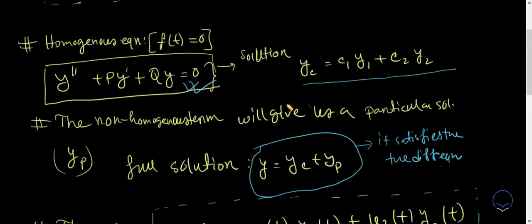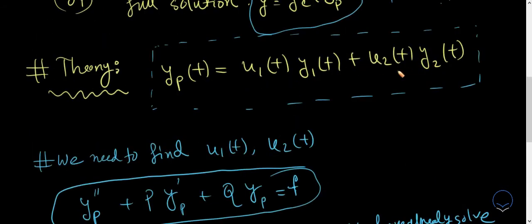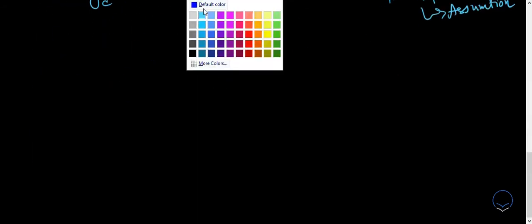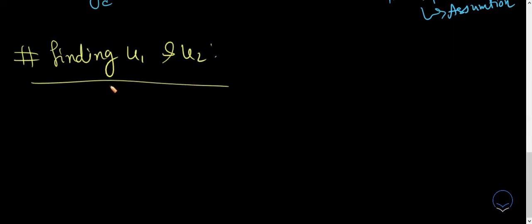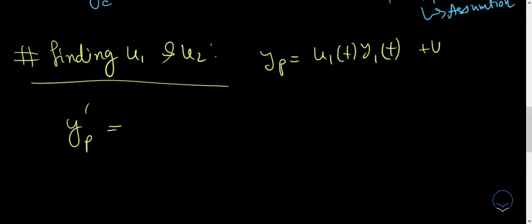We want to find our u1 and u2. So let's get down to finding u1 and u2. First we are going to evaluate yp prime, the first derivative of yp. If you recall, yp was written as u1 of t, y1 of t, plus u2 of t, y2 of t.